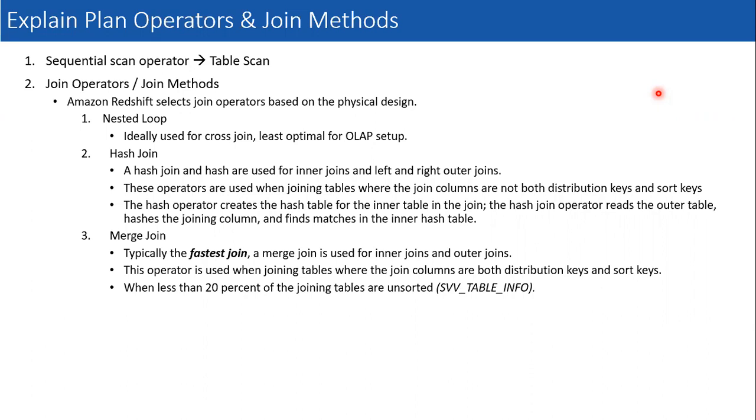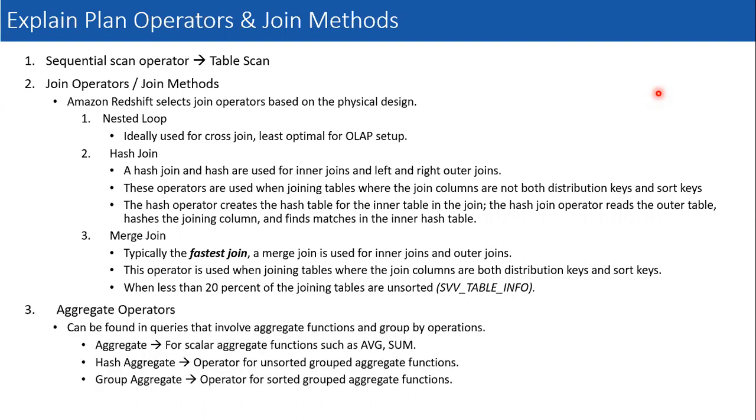But if it is more than 20%, the second best join is hash join, so it will go for a hash join. More frequently we'll be finding hash joins in our explain plan. Nested loop should not be found. Merge join, we can find it on and off. If everything is aligned properly and our table is so good, then we often see merge join in our explain plan.